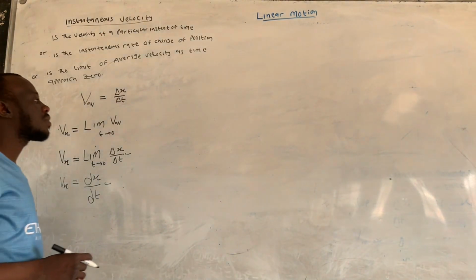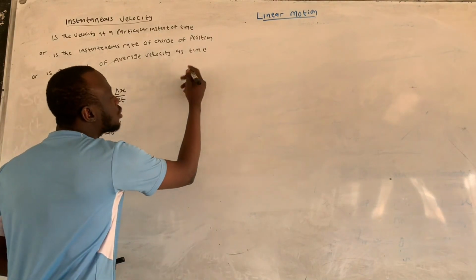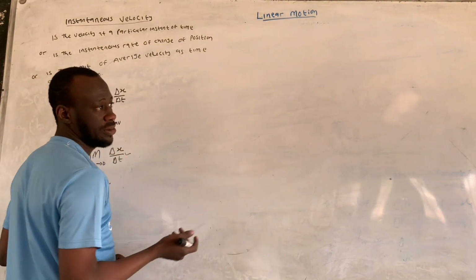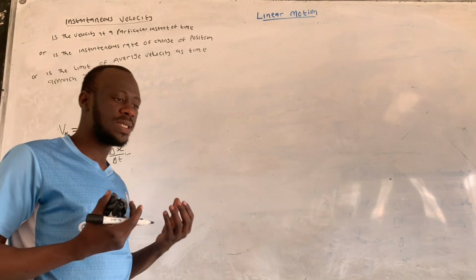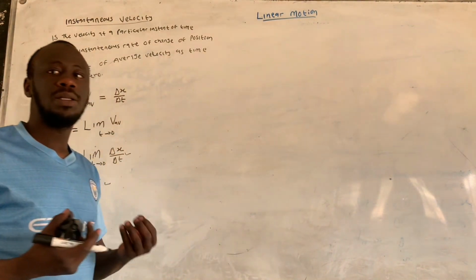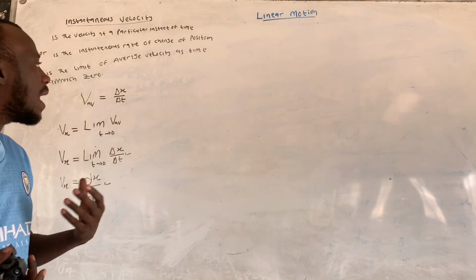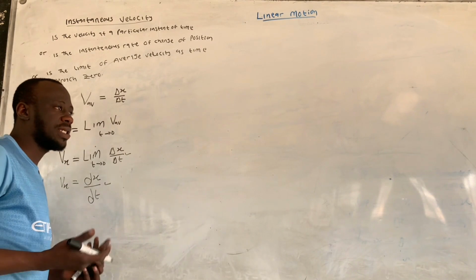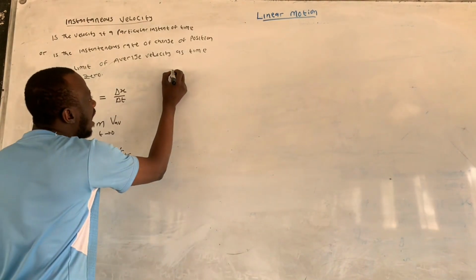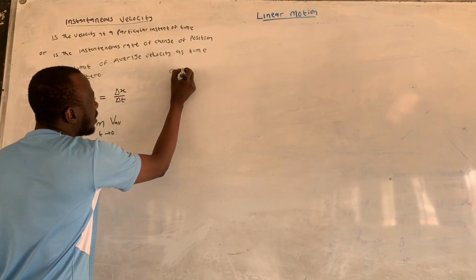The next one is acceleration. There are some physical quantities used to describe motion: speed and velocity, distance and displacement. Now let us think about acceleration. What is acceleration?